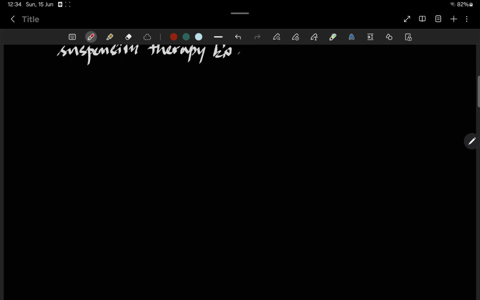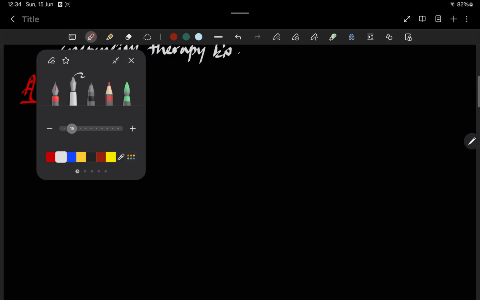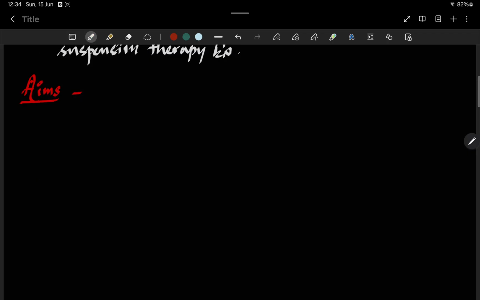Aims of suspension therapy. What are the aims of suspension therapy? Number 1, to improve the joint range of motion.